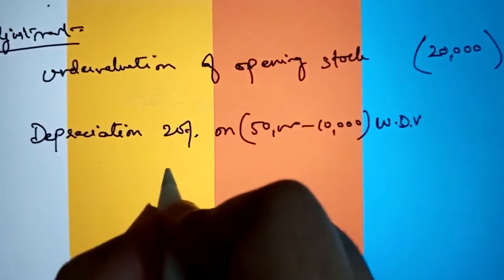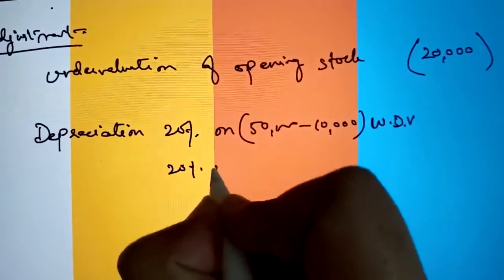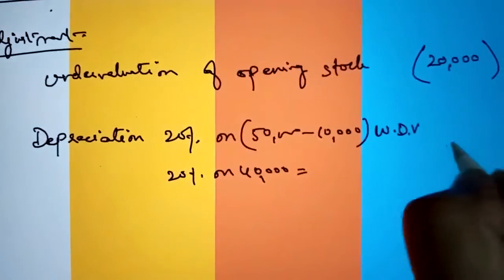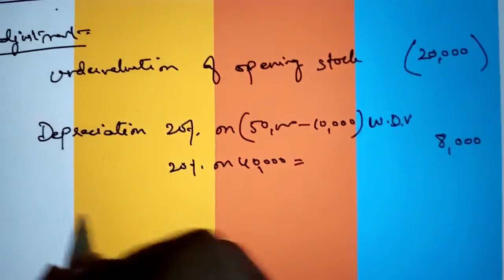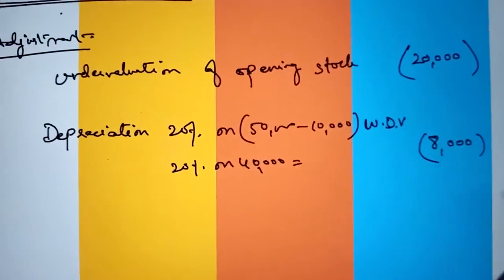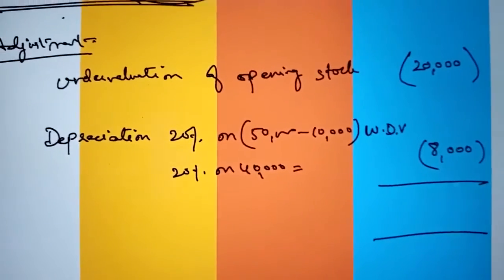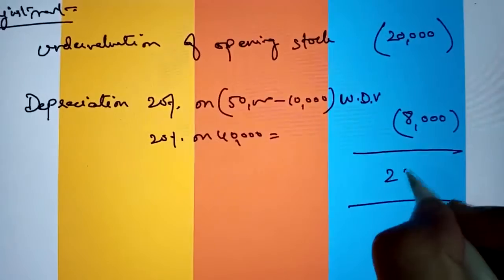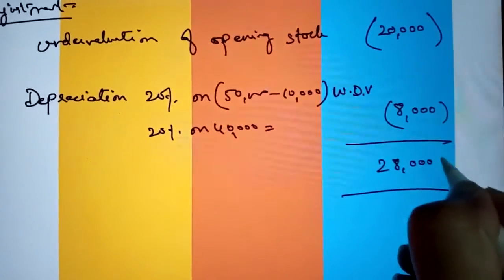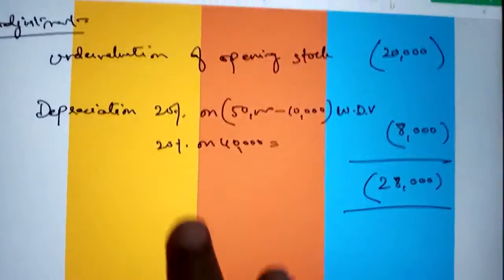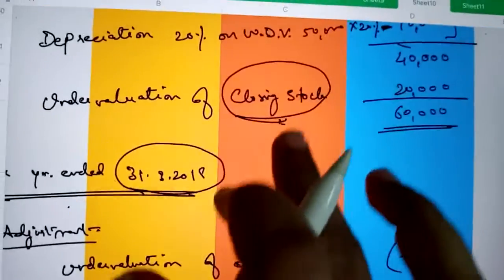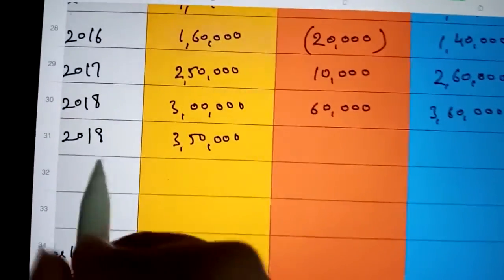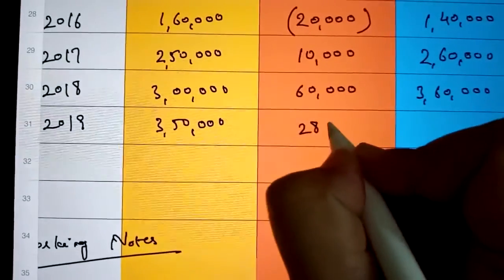So 20% on 40,000 will come 8,000, and this depreciation should also be deducted from the profits adjusted here. So the total comes 28,000. It should be deducted, so it should be written in a bracket. For the year ended 2019, 28,000 should be deducted here.